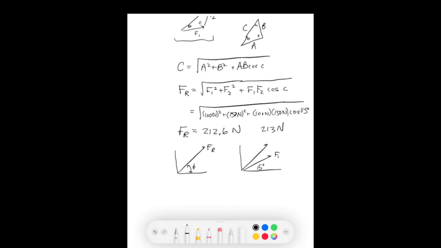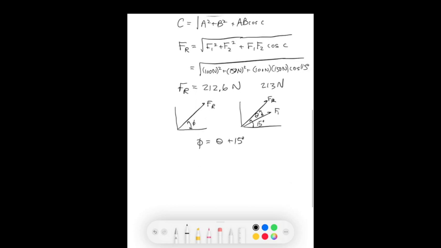So if I call this inside angle theta here, between Fr and F2, this is theta. And this one is phi. We know that phi then is equal to theta plus 15 degrees. So the question is, what is theta?